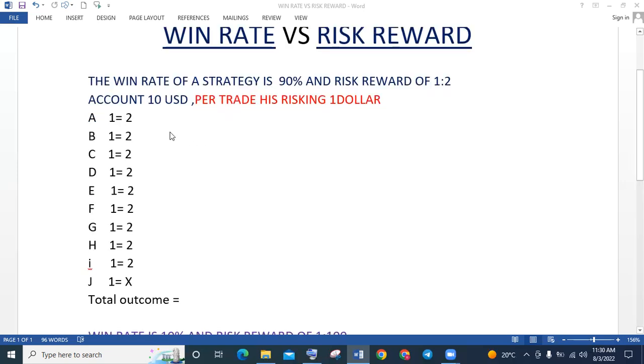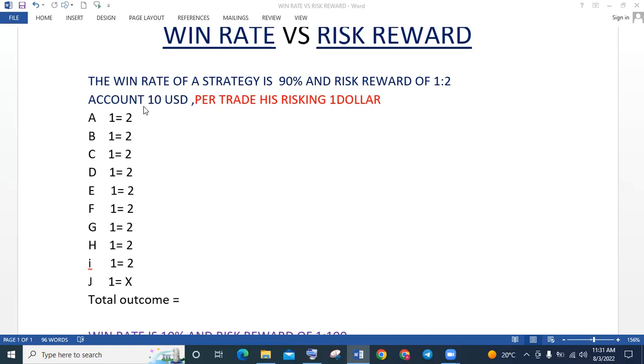In the first example, we have a strategy with a win rate of 90% and a risk reward of 1 to 2. After that trader trades using a strategy which produces a 90% win rate, and after how much he invests, when he wins, the reward is 1 to 2.